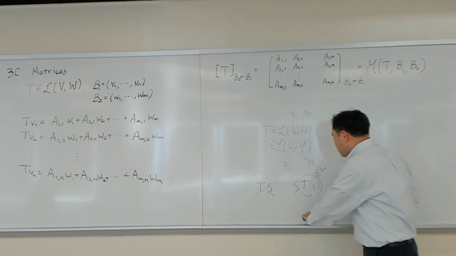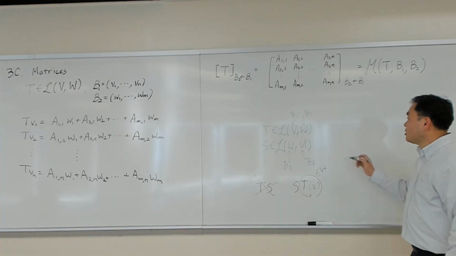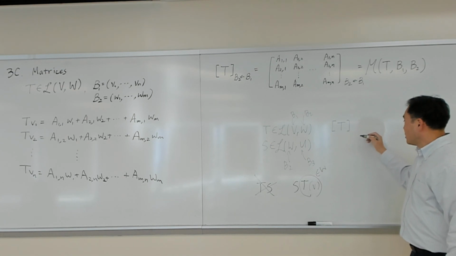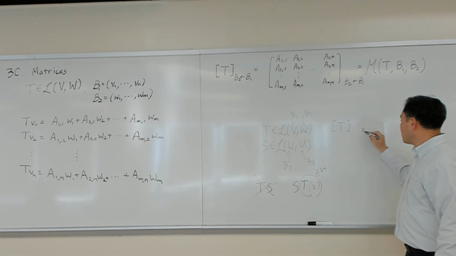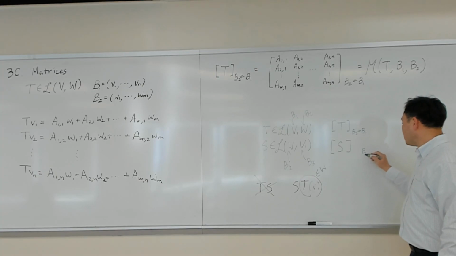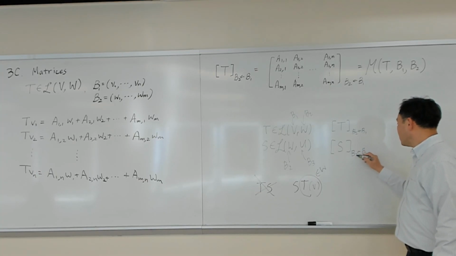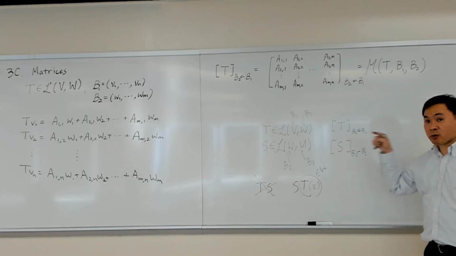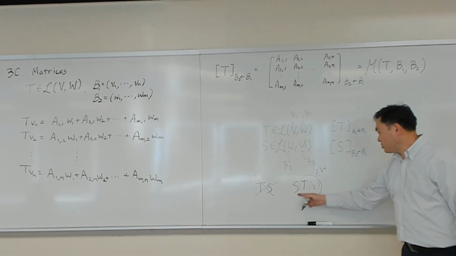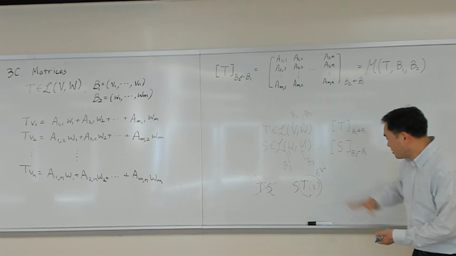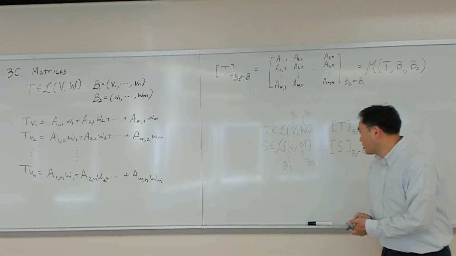So if you understood that, now you can say, if you have a matrix representation of T from B1 to B2, and a matrix representation of S from B2 to B3, then with the arrows going backwards, this makes sense.